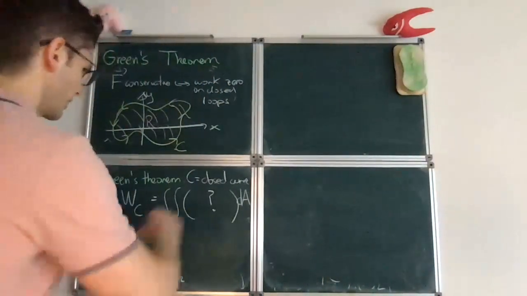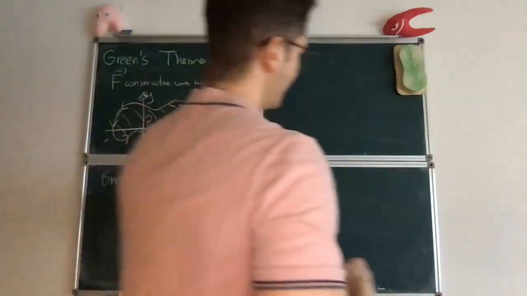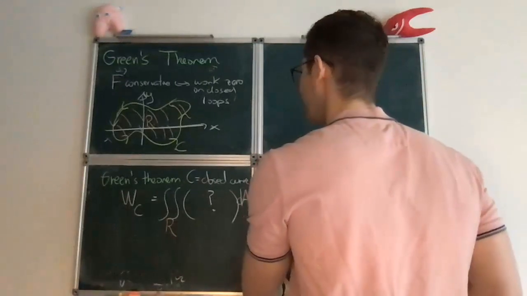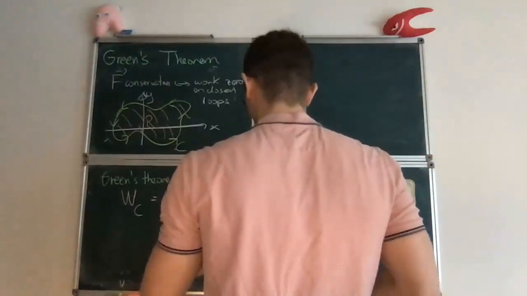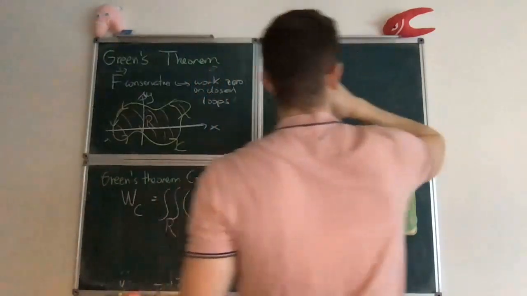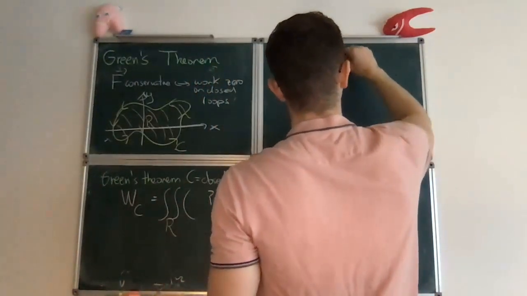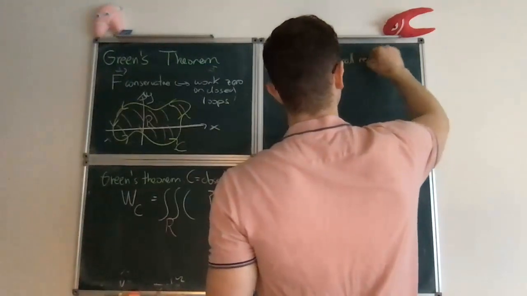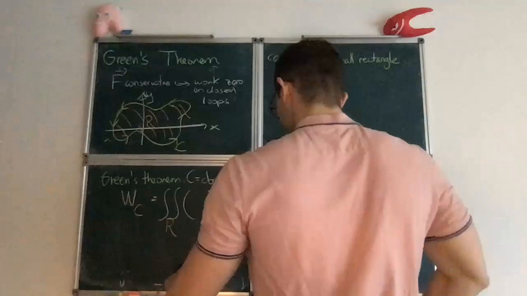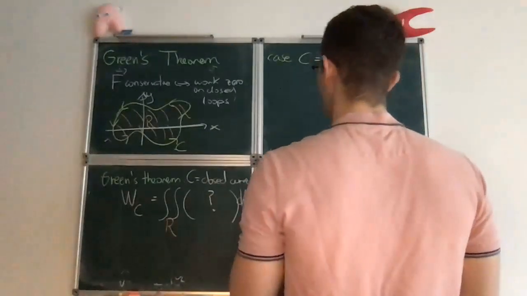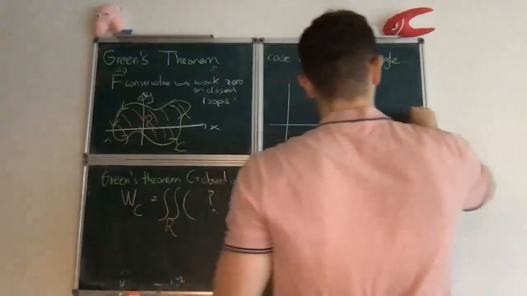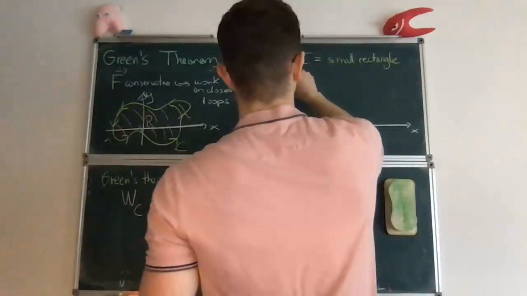So the question is, what should we put here? And in order to figure that out, let's just work the case of a small rectangle. What do I mean by that? Here you have x, y.